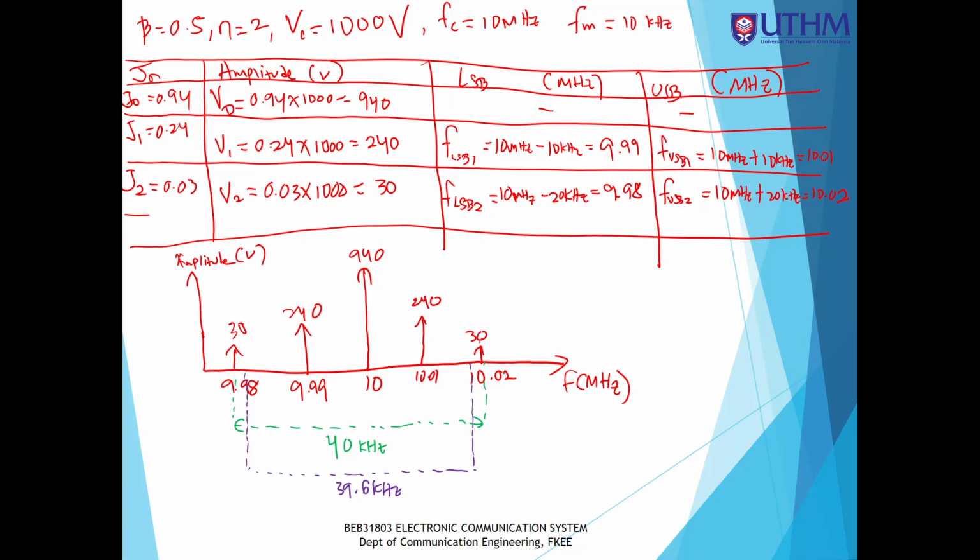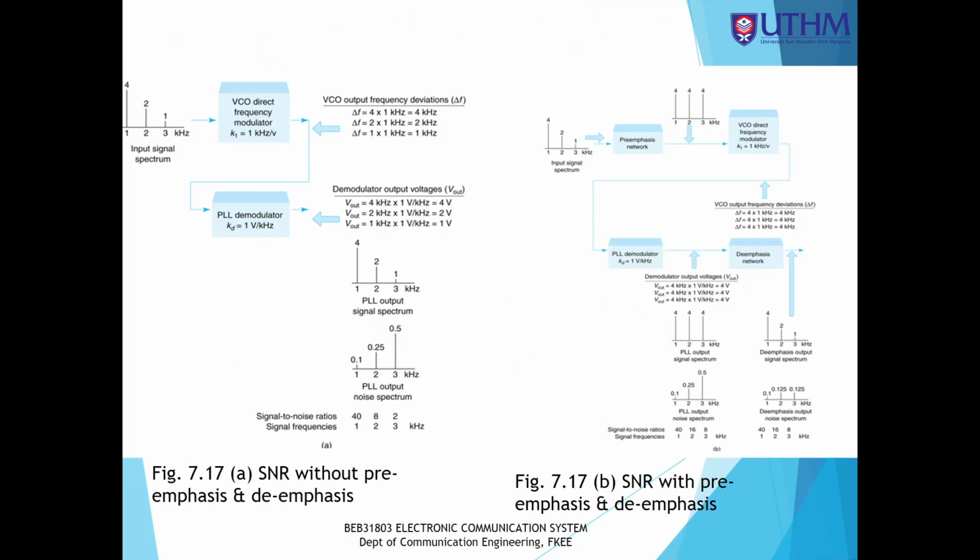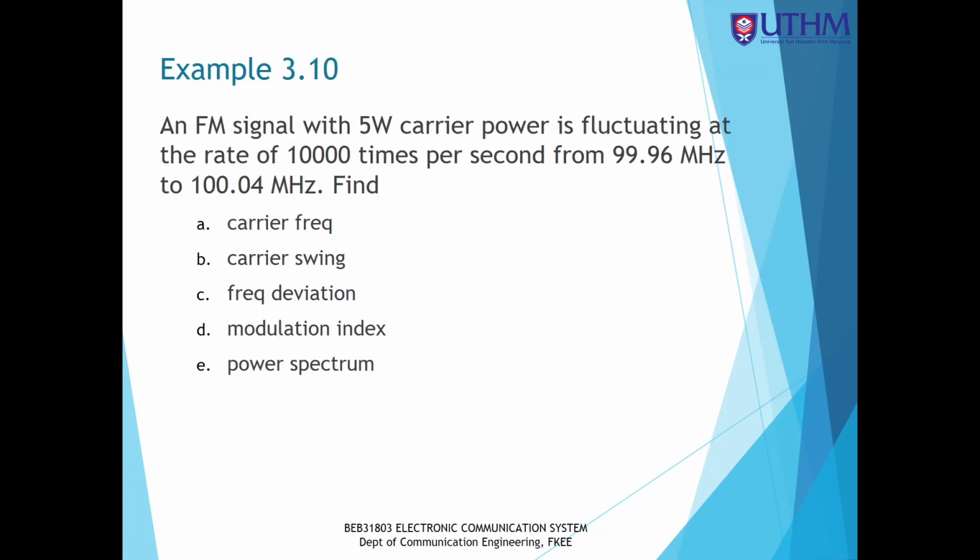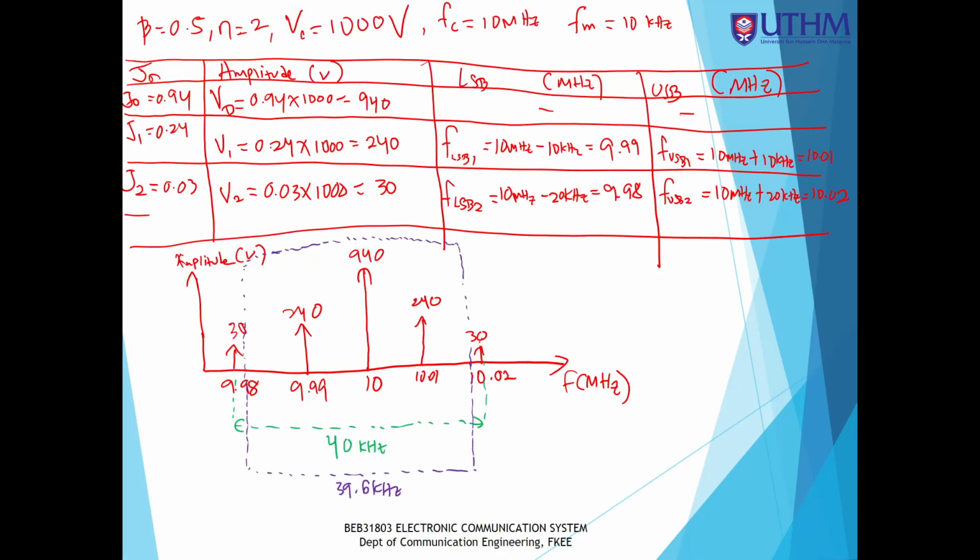Within the 39.6, it consists of the carrier component and also the first pair of sidebands.